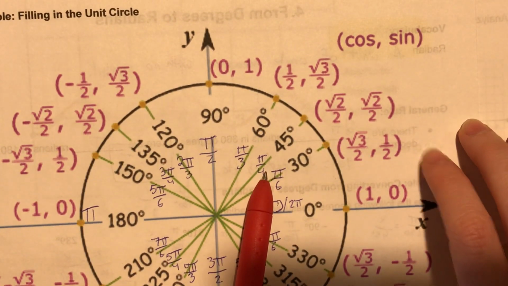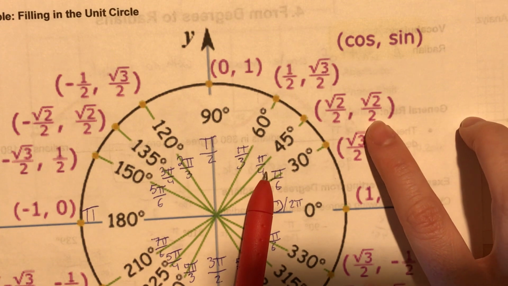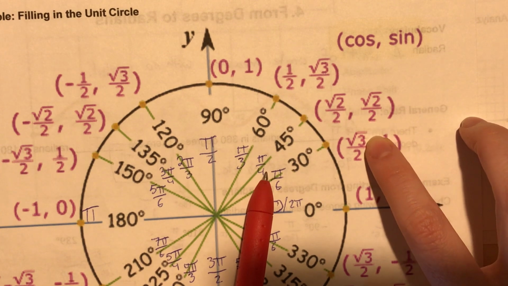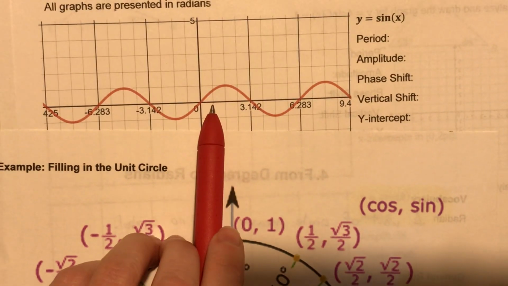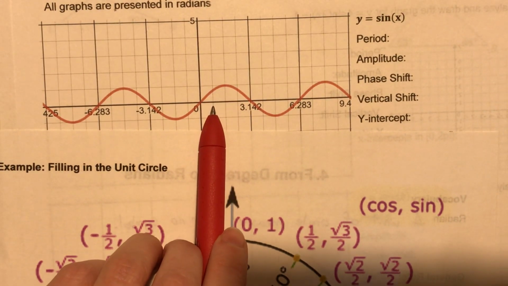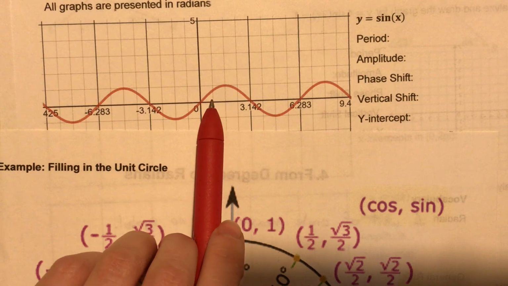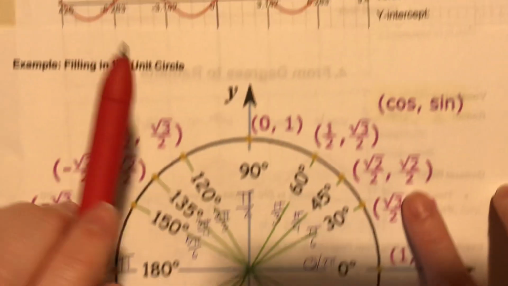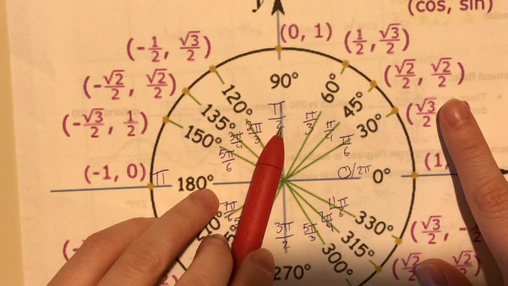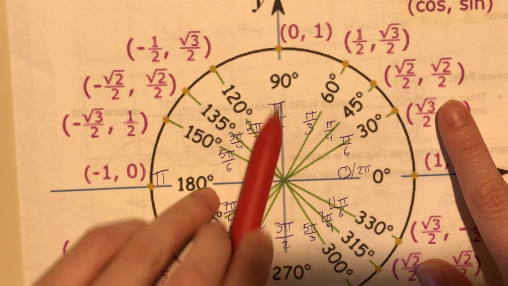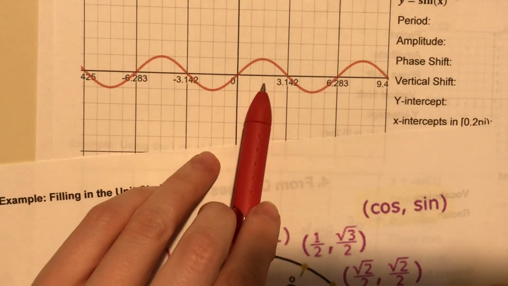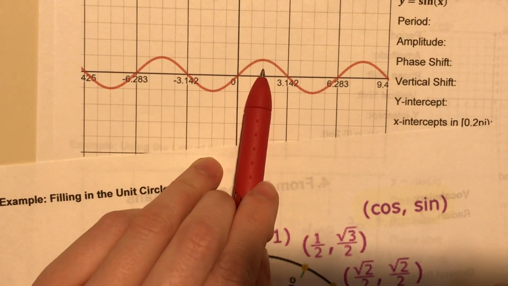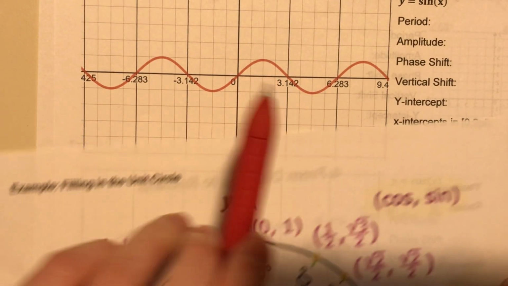At pi over 4 radians, our graph has a height, a sine, of square root of 2 over 2. So if we went to pi over 4, which is like over here somewhere, then it's going to be the square root of 2 over 2. At 90 degrees, or at pi over 2 radians, our graph has a sine of 1.